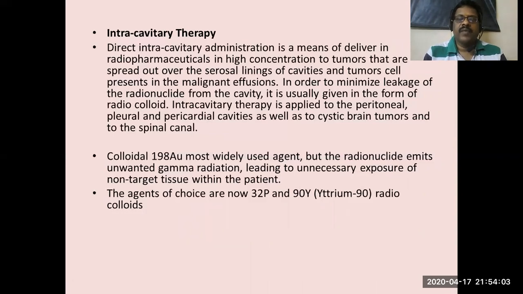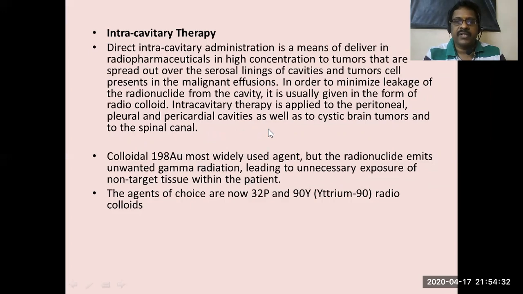Then intracavitary therapy. Sometimes tumors will not have proper vasculature, blood circulation. Because of that, concentrating the radioactive nuclides into the tumor is very difficult. For that, we are using intracavitary therapy. We administer these radioactive nuclides directly into the cavities, for example, peritoneal cavity, pleural cavity, pericardial cavity.